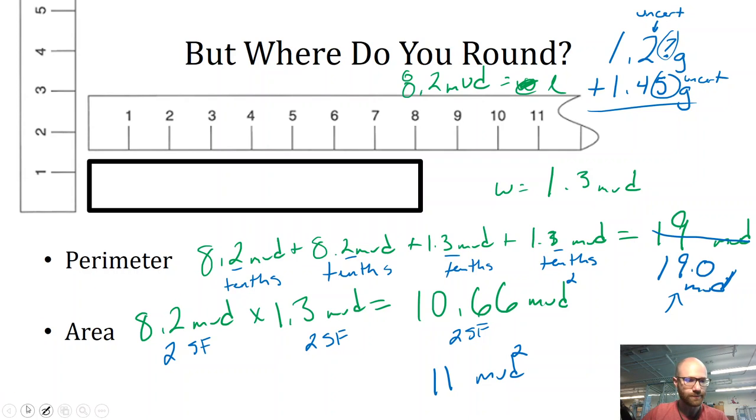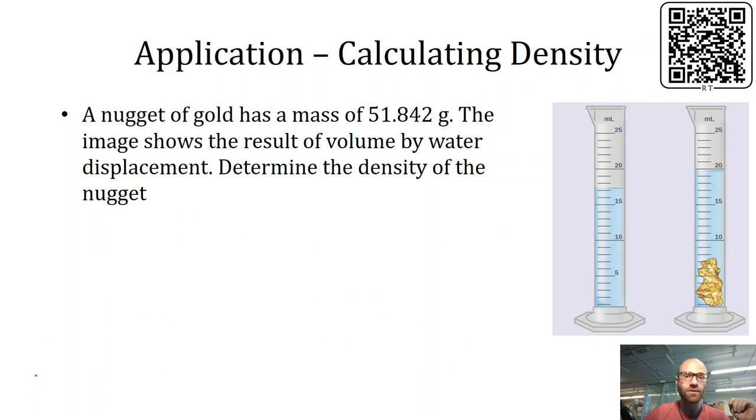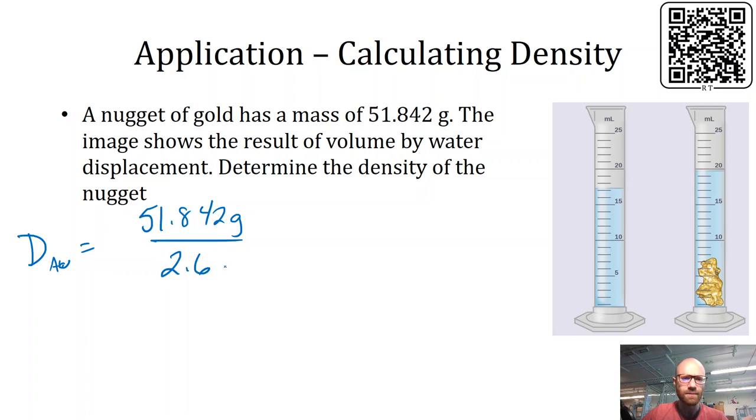So in general, we can go back to the problems that we saw before, and we can now answer that question more correctly. The density for this gold is equal to 51.842 grams, divided by, we said, 2.6 milliliters.